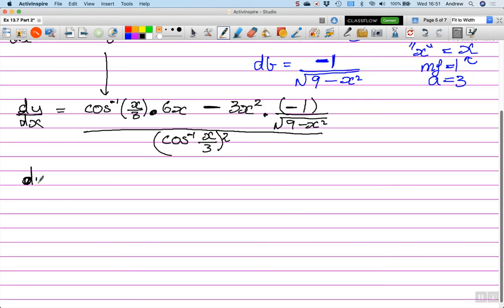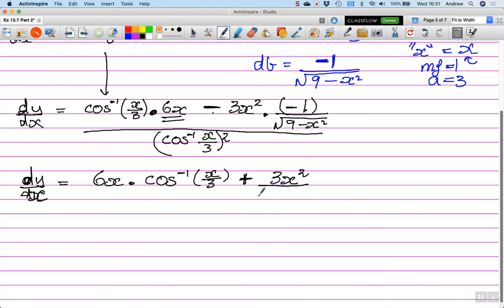A little bit of tidying up though. dy dx is equal to 6x on cos inverse of x over 3, just bringing the 6x to the front. I'm going to bring the minus to the front, and I'm going to get a plus. 1 on 3 is 3, so it's going to be 3x squared on top.